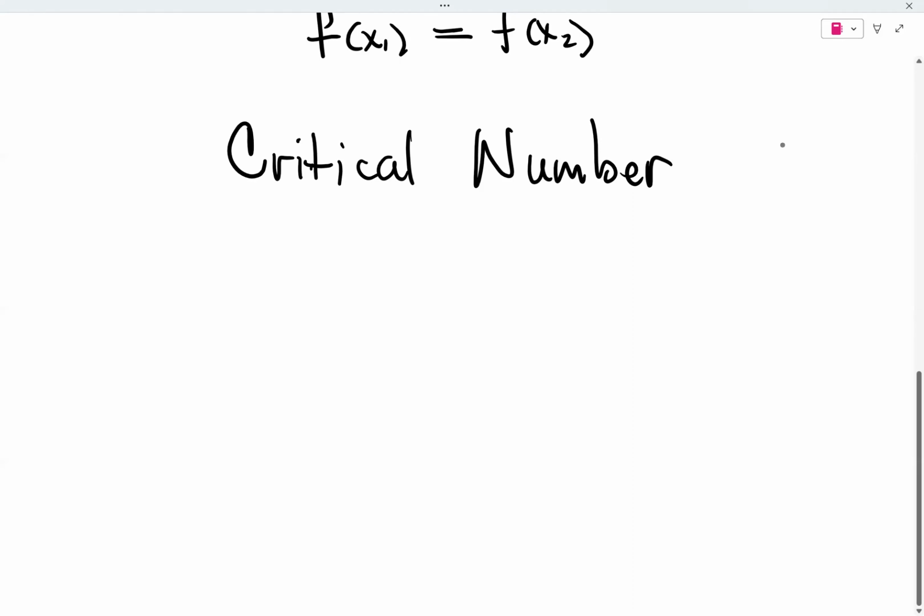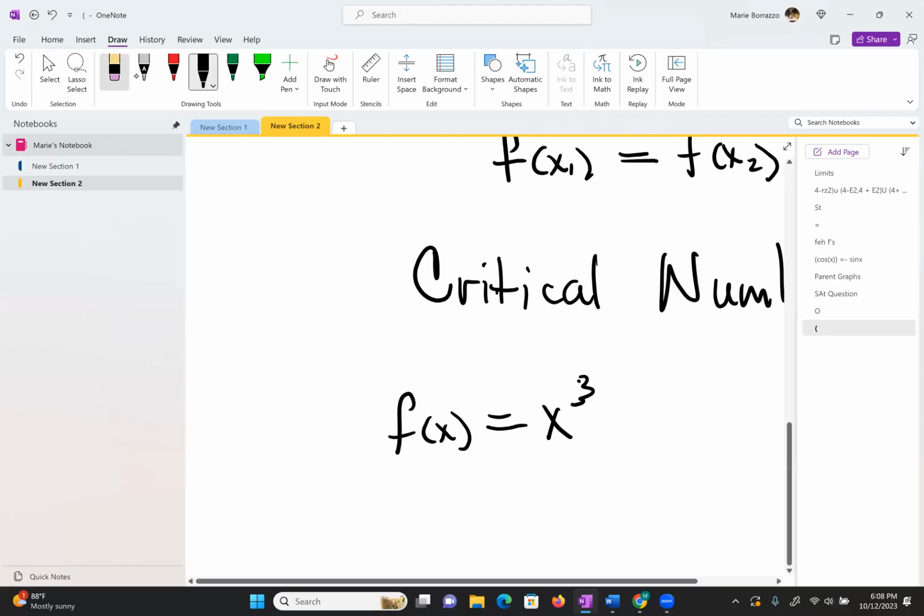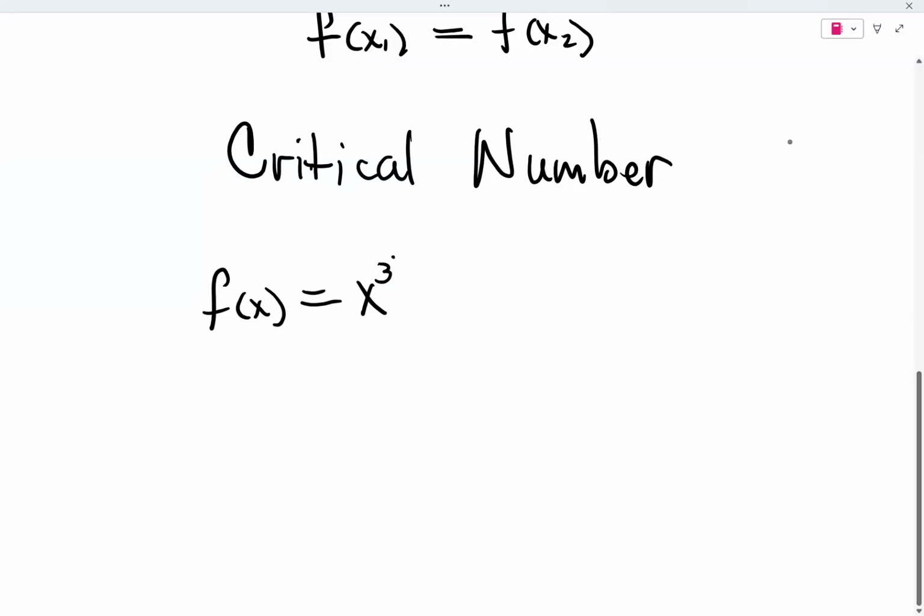For the sake of argument, let's call this f of x to be equivalent to x cubed. Got a little happy there with the cube. Let's call it x cubed plus 3x squared, nice easy expression, minus 9x plus 4.